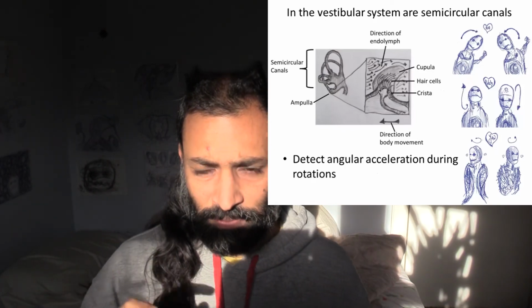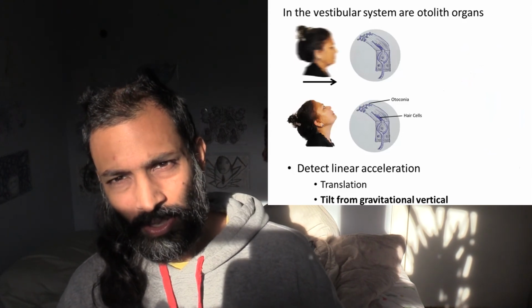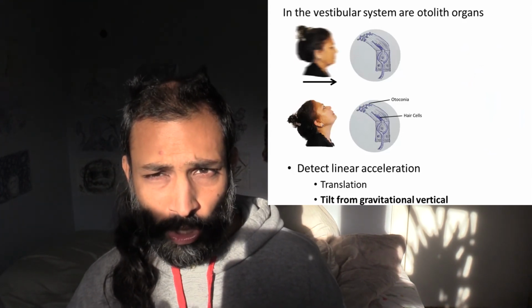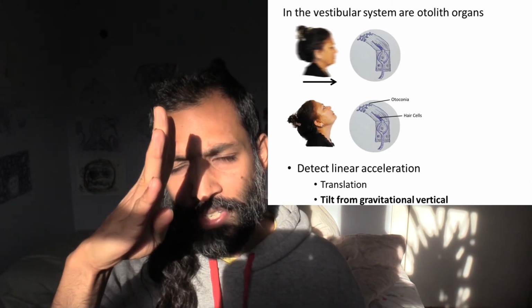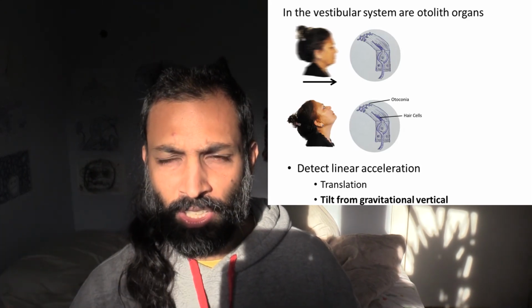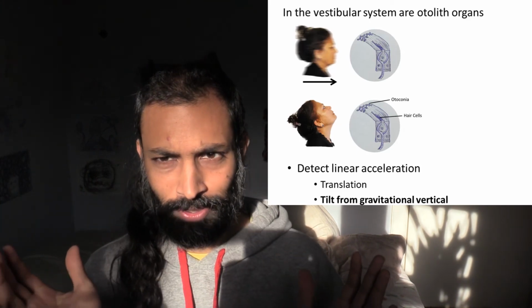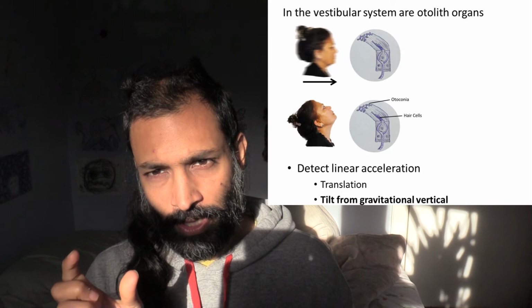That's what they're detecting. The second component of the vestibular system, and this is the most relevant for the research that I'm doing, are the otolith organs. The otoliths are fine little hairs suspended in gelatinous material, adorned by crystals, crystals in your inner ear. It's pretty crazy. They detect linear acceleration.